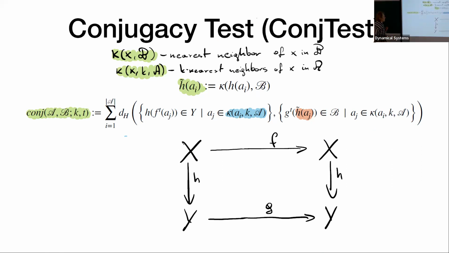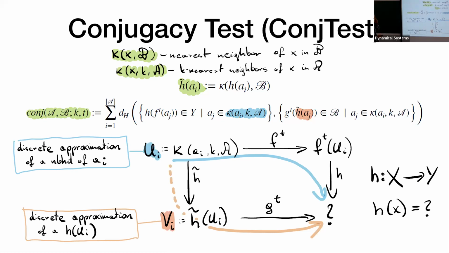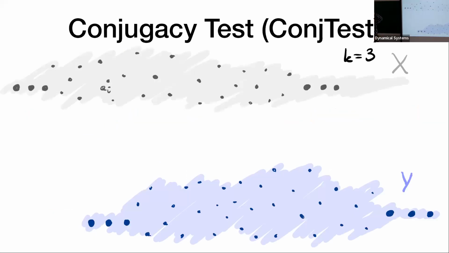Okay, so I'll continue with some examples about how we try to use this test that we developed. I'll start with rephrasing the definition of this conjugacy test using a picture.